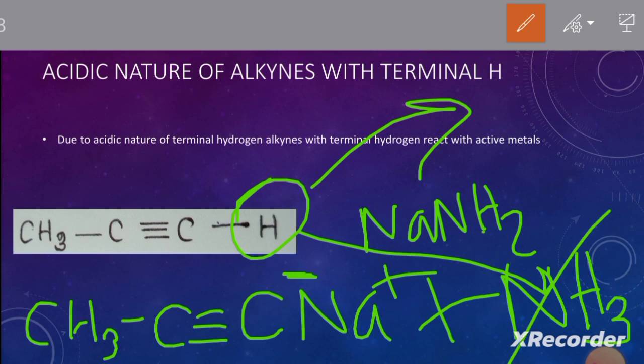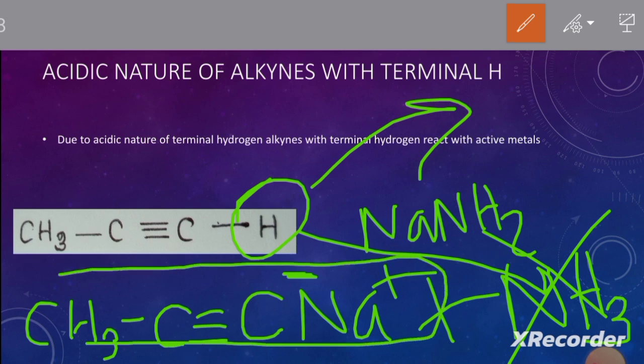We do not consider the byproducts when we write organic conversions, so do not focus on that byproduct. What we should think about is the alkoxide ion forming here.